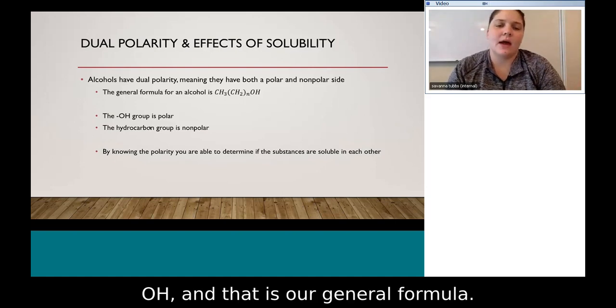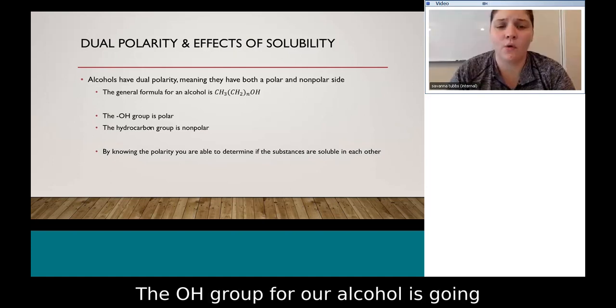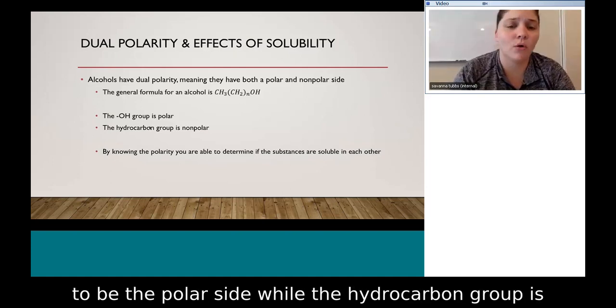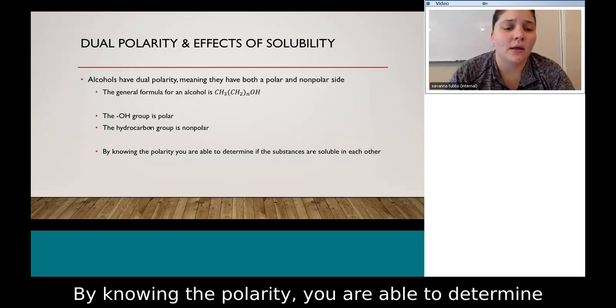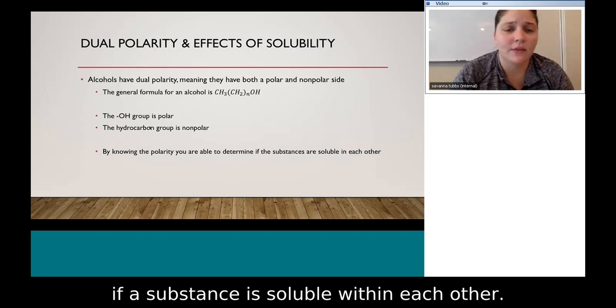The OH group is going to be the polar side, while the hydrocarbon group is going to be our nonpolar side.